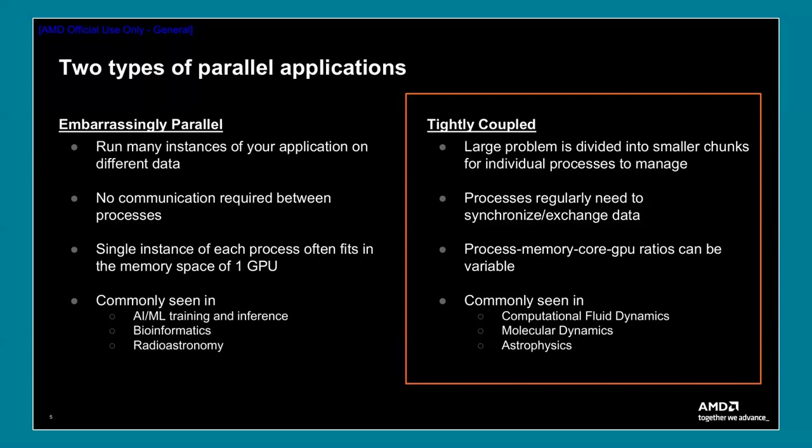Of course, the tightly coupled applications, anything that involves trying to solve a partial differential equation, or anything that involves particles or grid-based PDE solvers, so things like computational fluid dynamics, molecular dynamics, astrophysics, is where we end up seeing a lot of the tightly coupled style work. So everything we're going to be talking about again today is single node, multi-GPU, primarily these tightly coupled applications that we launch using MPI.